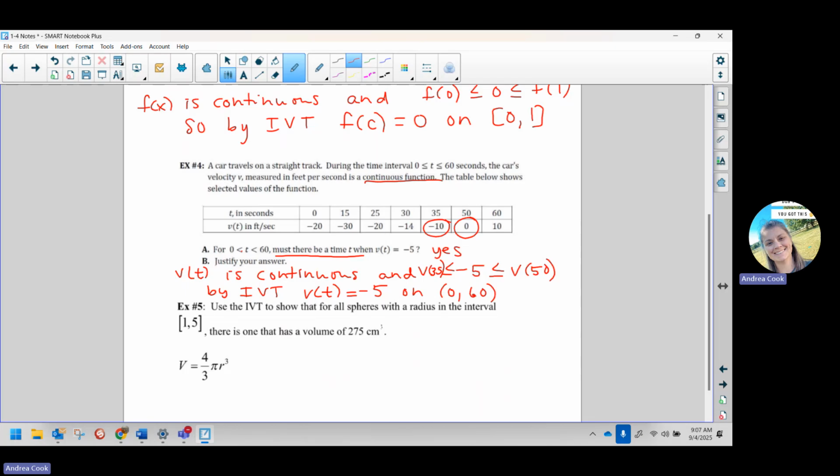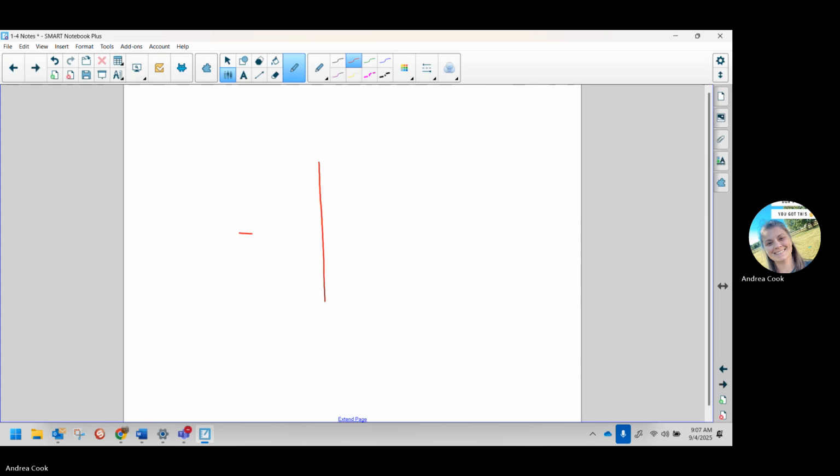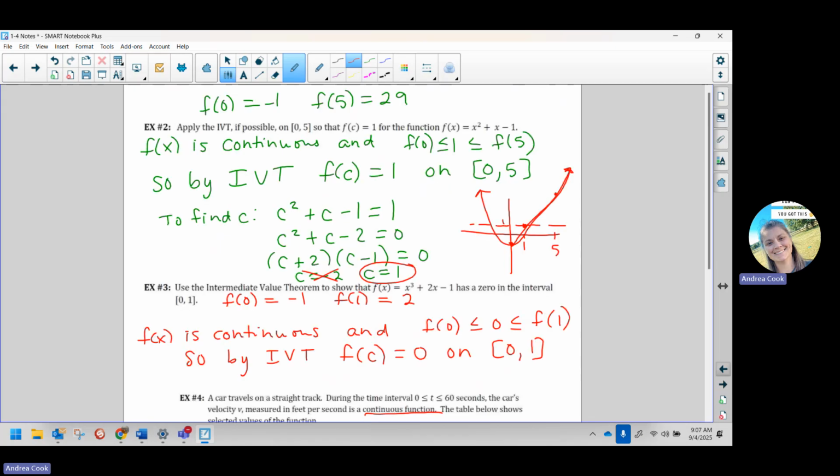So if I have this and my interval was like -1 to 2, that function's not continuous on that interval. So IVT may or may not work. Okay, so you do have to be careful. All the ones I've given you have been continuous.